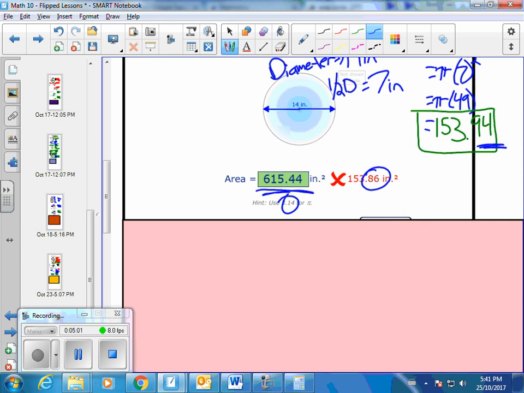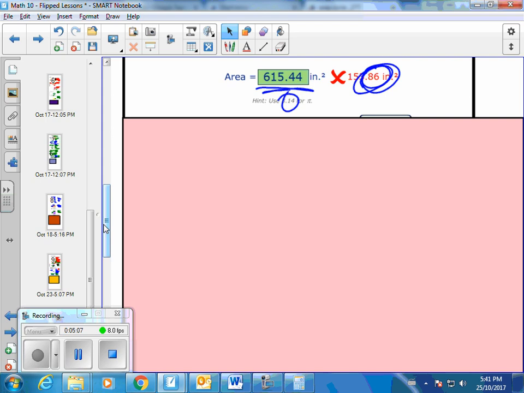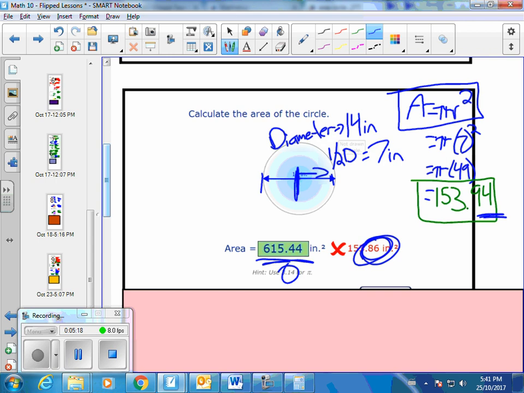But remember, before we move on to the next one, anytime they give us the full width of the circle, I need to figure out exactly what half of it is going to be before I can use this particular formula.